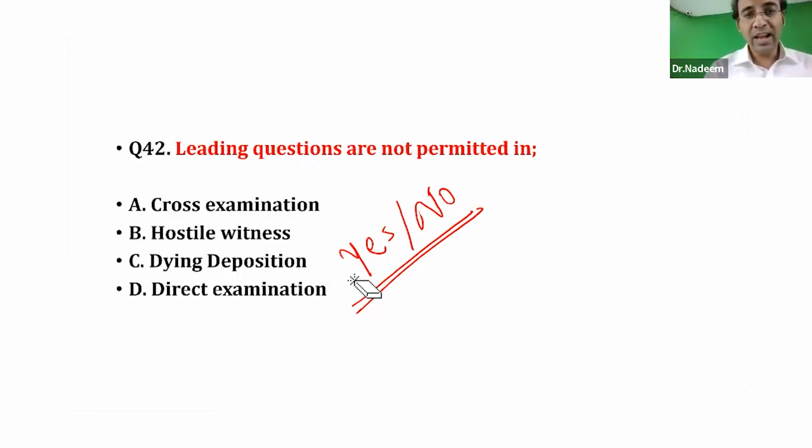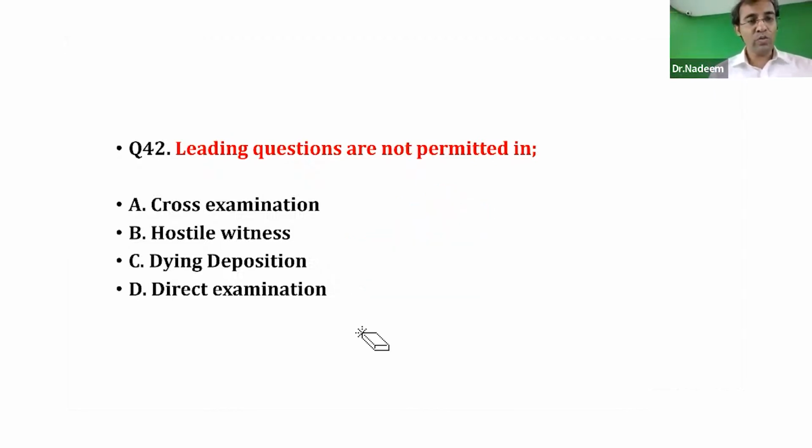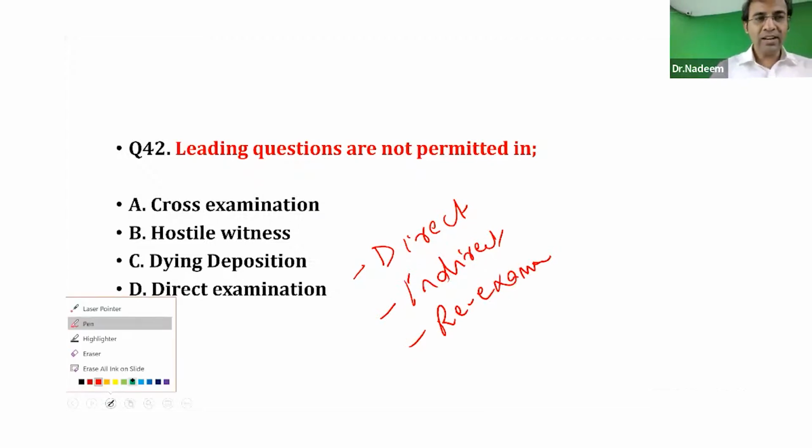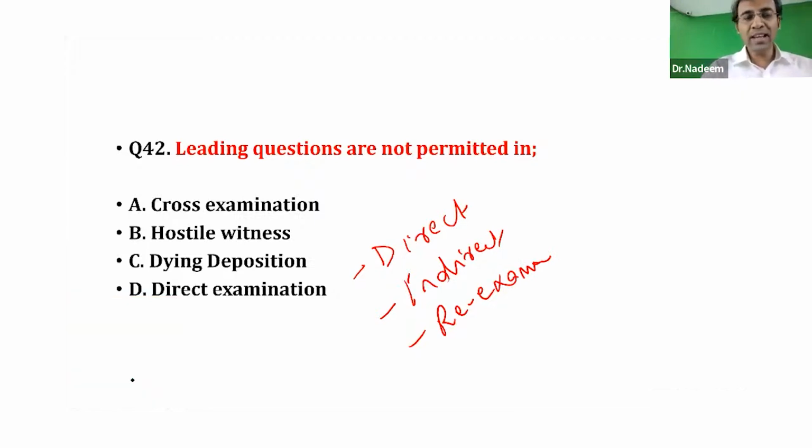Now do understand here, whenever there is a proceeding of court, first of all, there will be direct examination. After that, there will be indirect examination. After that, re-examination. The main advocate who has invited the witness is the first to ask the questions.